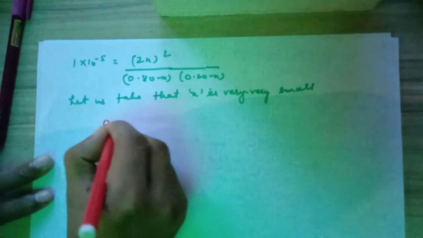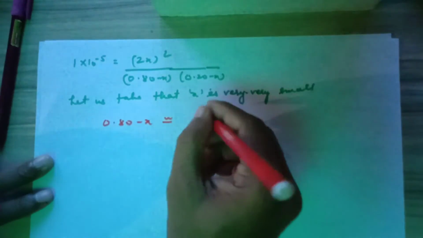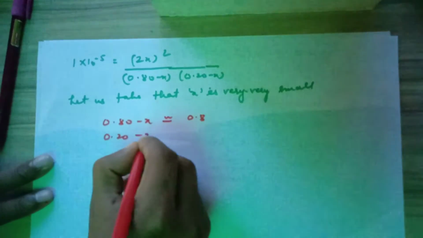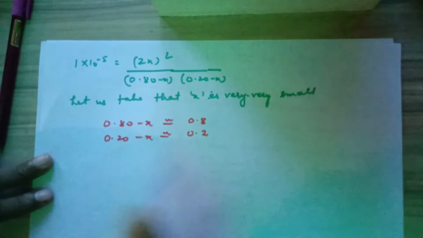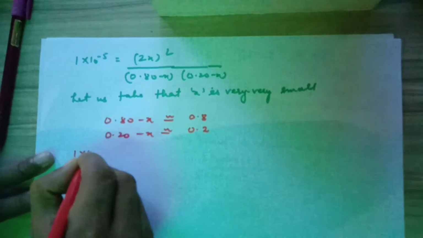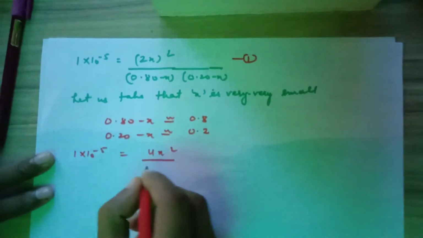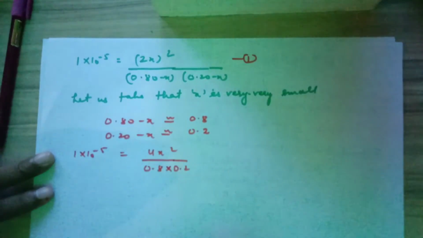At this condition, 0.80 minus x can be taken as approximately 0.8, while 0.20 minus x can be approximately taken as 0.2. Keeping this condition in equation number one, we'll get 1 into 10 to the power minus 5 equals 4x square upon 0.8 into 0.2.